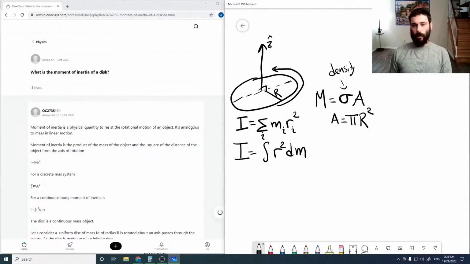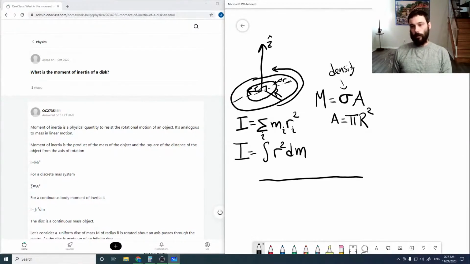Okay, so now to solve for our moment of inertia, we need to identify a piece of the disk that we're going to be integrating over, or our form of integration here. So if we consider a small ring at some distance r from the center, and the width of this ring is dr, the easiest way to visualize this is not actually to look at the ring, but to extend the ring out.